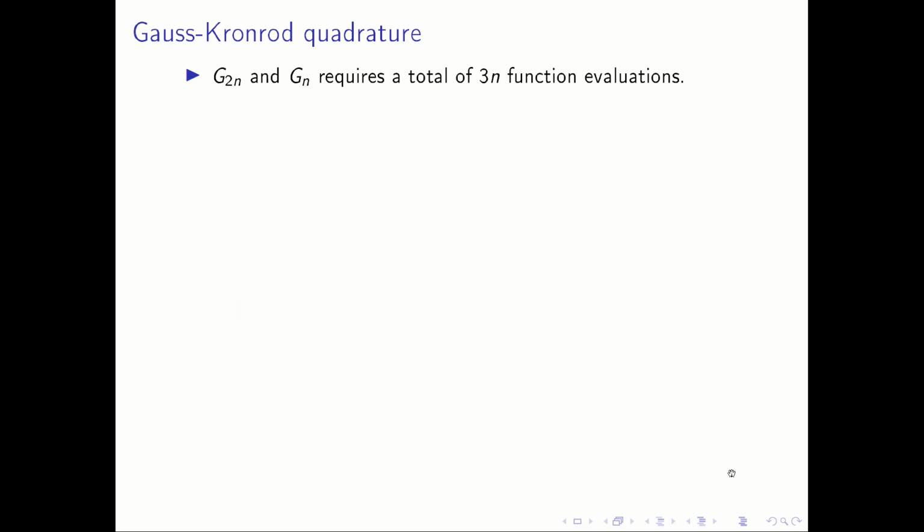So G2n and Gn requires a total of 3n function evaluations. You cannot reuse the points that you have used for G2n to calculate Gn. And this yields a result which is exact up to degree 4n minus 1, because that's what G2n does for you.